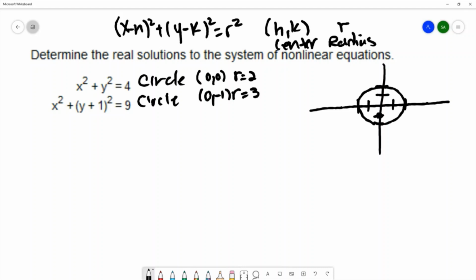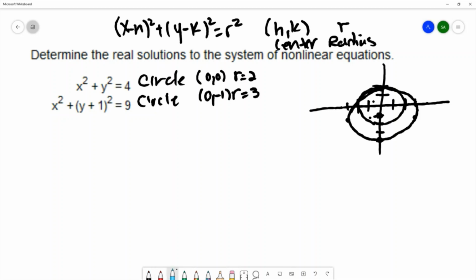So I plot the center at (0, -1), and I'm going to go 3 away from that: down, 3 to the right, 3 up, 3 to the left, and you get this circle here. I probably didn't do the best job of drawing that circle.